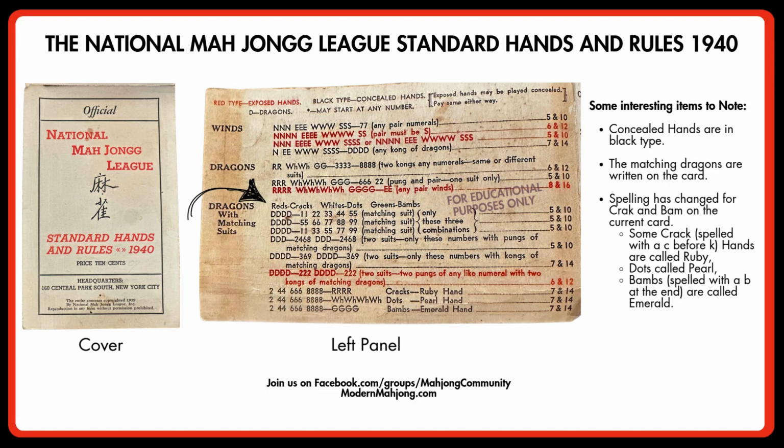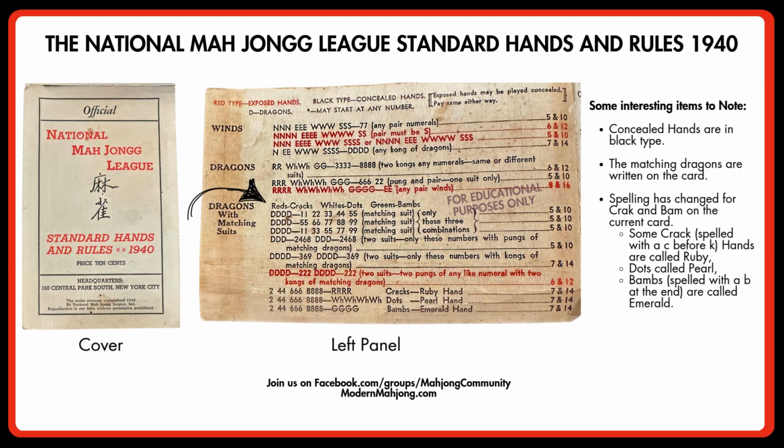Here you see one of the panels, the left panel of the 1940 card. You might notice that it's only in red and black. Black font was concealed hands, red were exposed. They even gave a little remembering of red dragons go with cracks, whites go with dots, and greens go with bams. You might notice that the spelling has changed throughout the years.